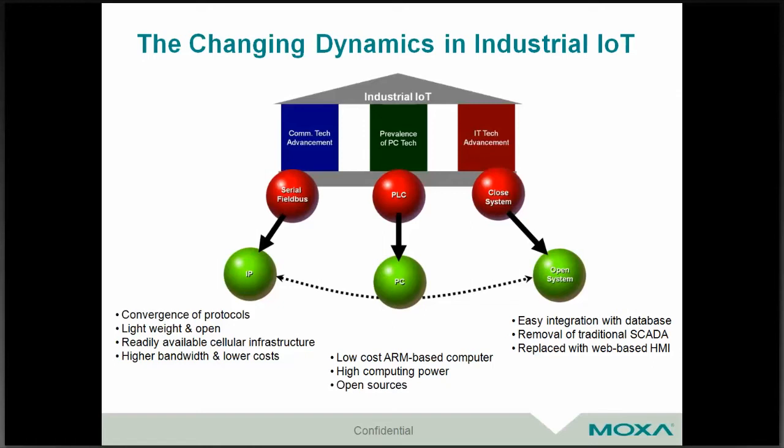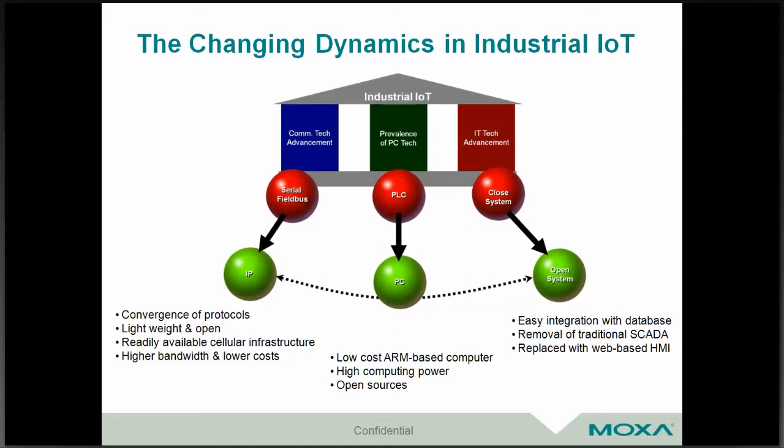Now, because everything is starting to migrate to IP-based, you can see a majority of three major Ethernet-based protocols: Ethernet IP, Profinet, and Modbus TCP. Those three combined contribute more than 75% of the market. Second, we also start to see the protocols themselves becoming more and more open and more lightweight.